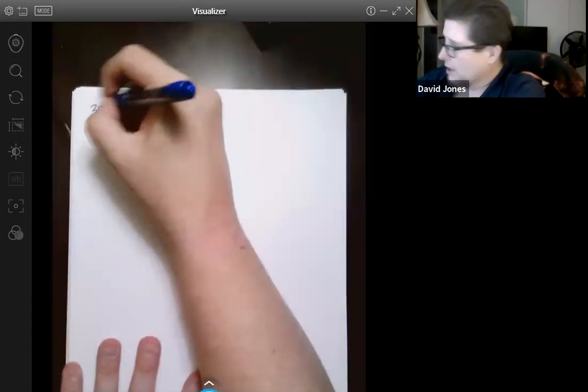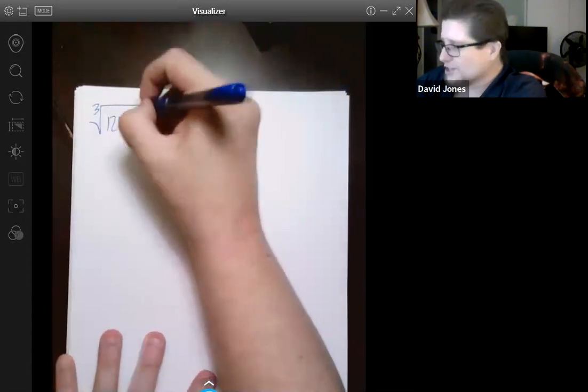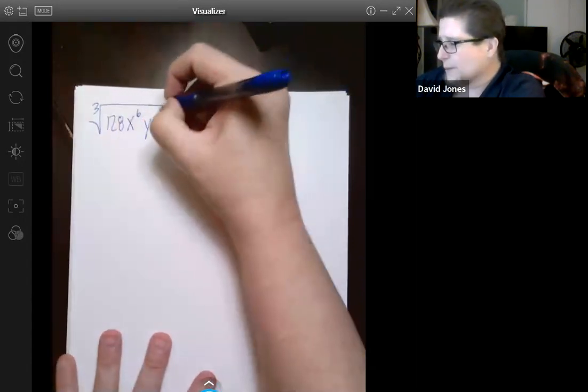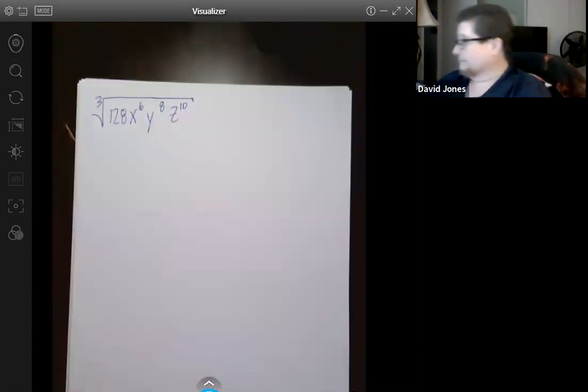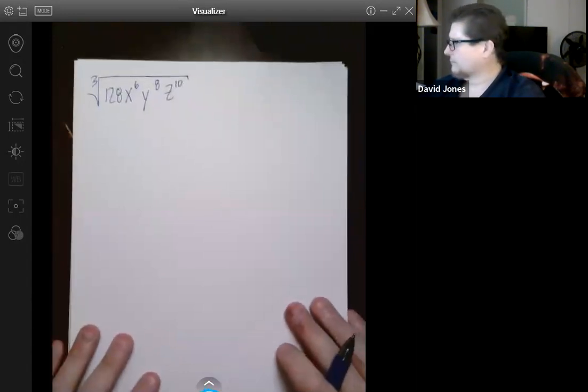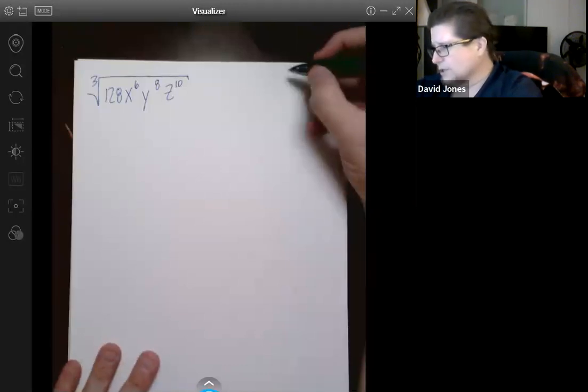Cube root, let's do this. 128, x to the 6th power, y to the 8th power, z to the 10th power. I want you to simplify that. So I'm going to assume you pause. I'm going to deal with the 128 first. What is 128?